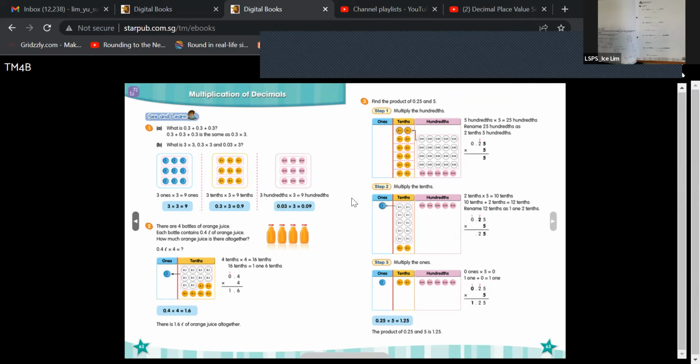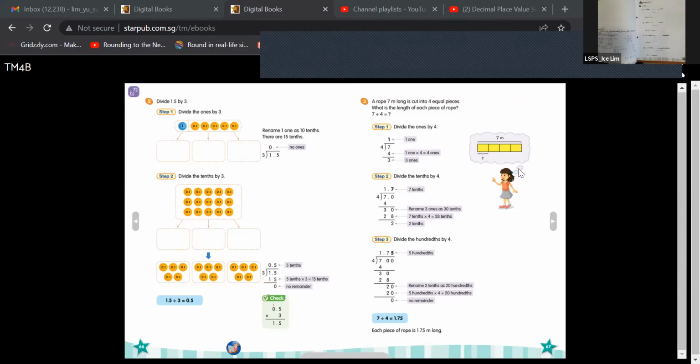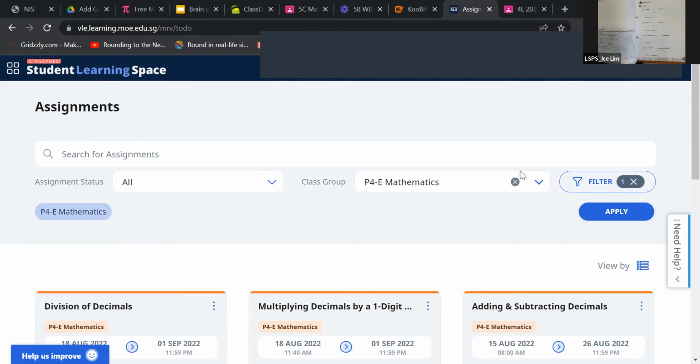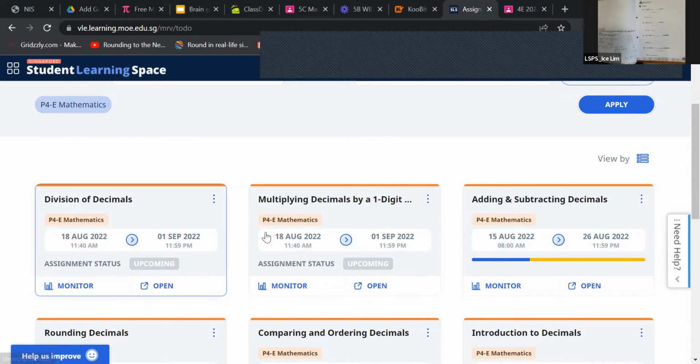Now, on top of this, boys and girls, I also want you to pay attention to your SLS. I've just put in two new assignments to help you revise the methods to do multiplication or division on decimals.